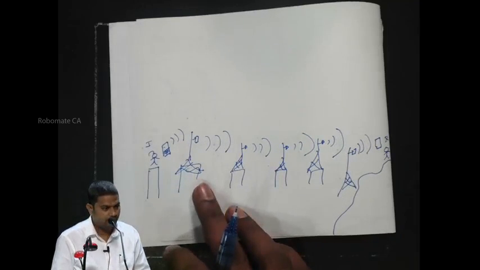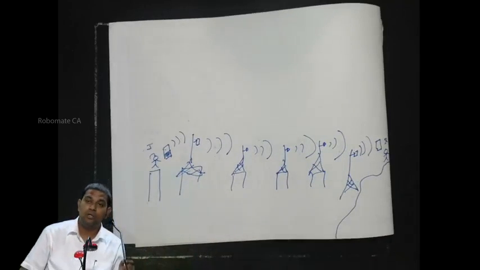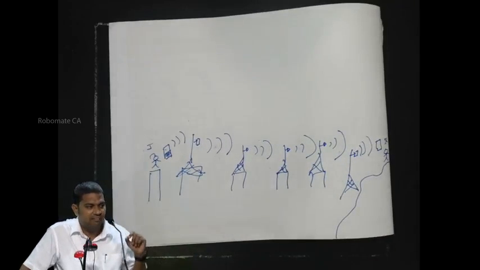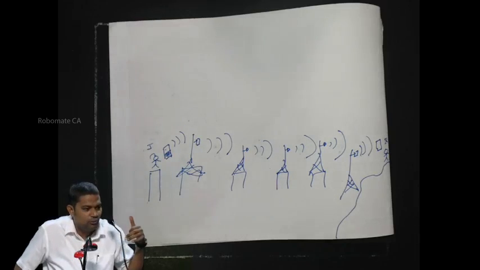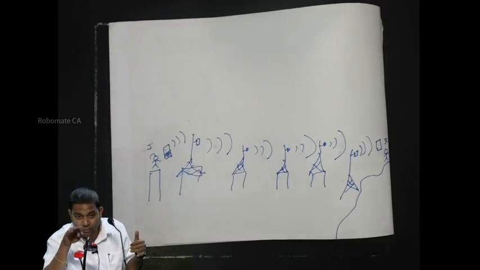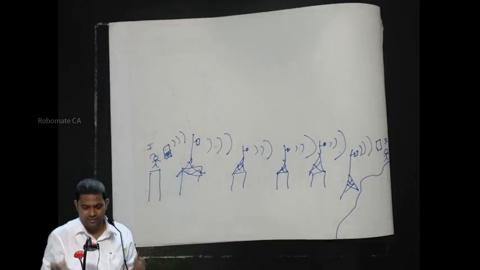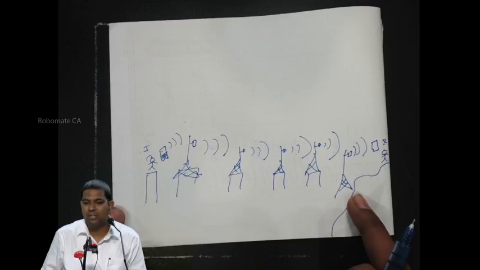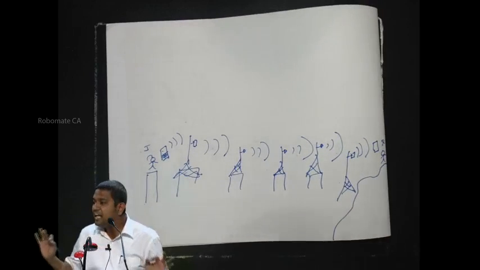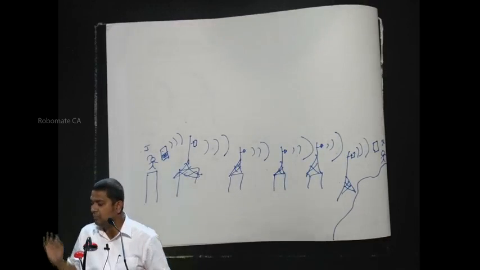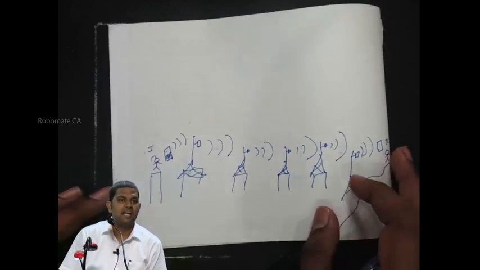Next tower will play a role. That's why you will note that whenever you are communicating and traveling, the signal breaks for a fraction of a second. We won't be able to hear. It is because of that tower switch over. And that is nothing but microwave communication. Terrestrial microwave is a means of transmitting the data.